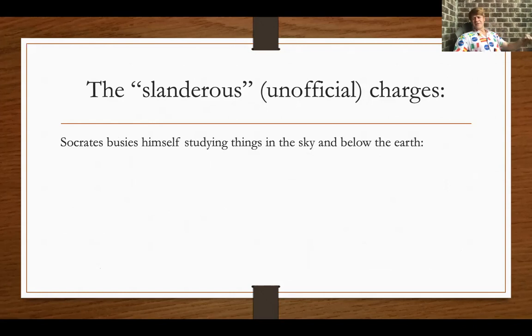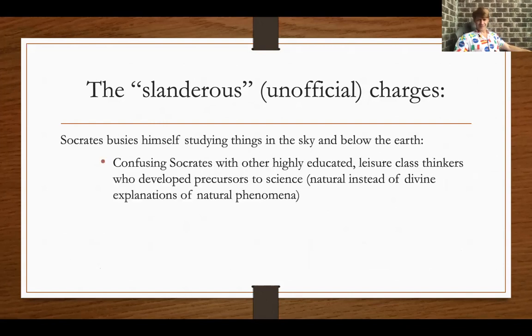So let's consider the first unofficial charge. He busies himself studying things in the sky and below the earth. He's a scientist. So they are supposedly confusing Socrates with these thinkers who talk about natural explanations for natural phenomena rather than divine explanations for natural phenomena, right?